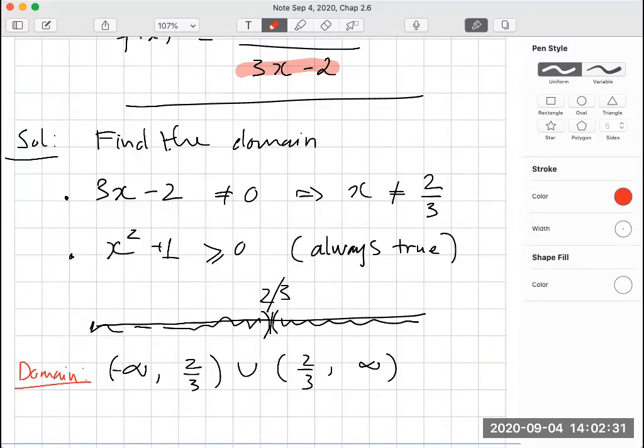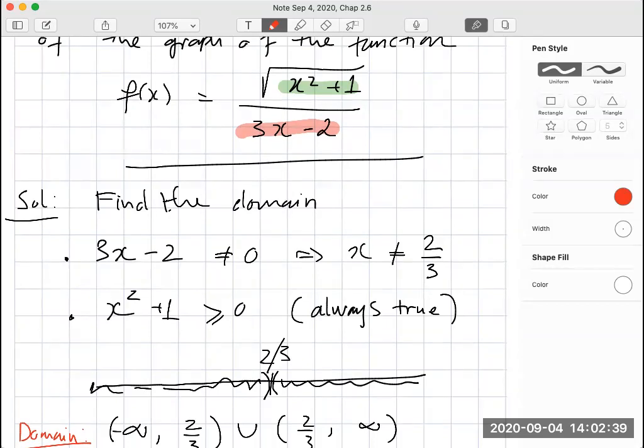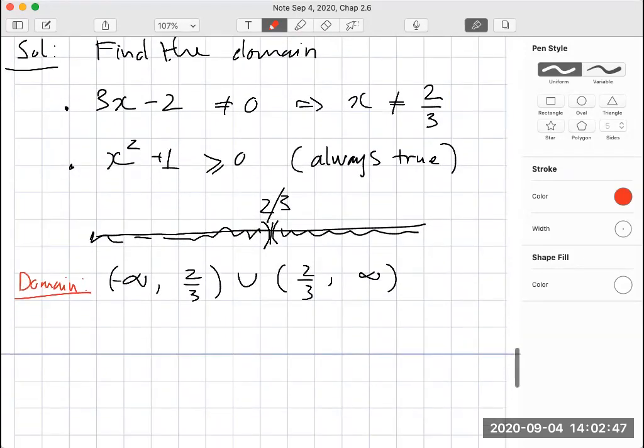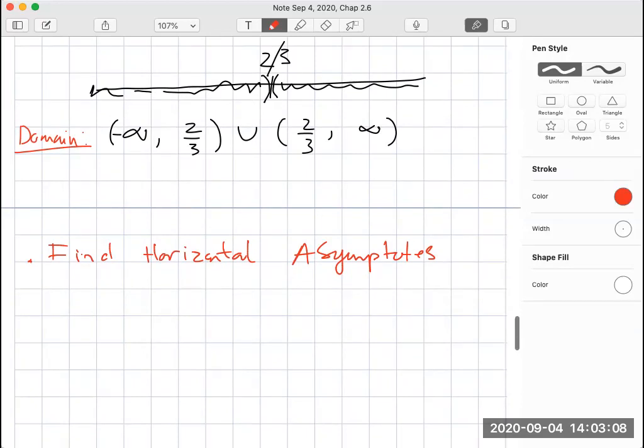Very good. Now, this rational function, the composite of square root and something else here, we know that it is continuous on this domain, right? Therefore, we can find the horizontal asymptotes of this by computing two limits.